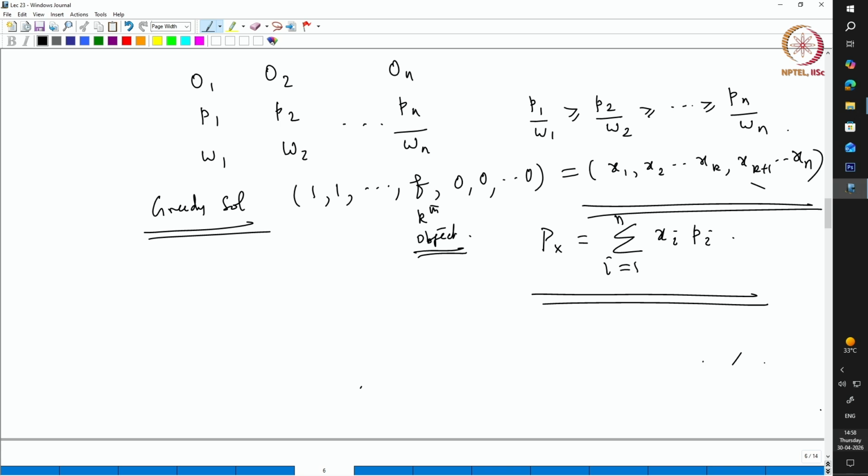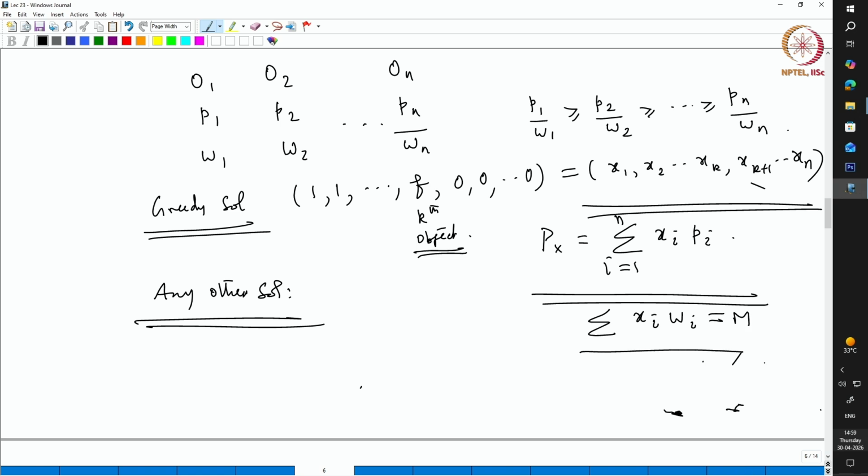Take any other solution, and you also have the following: sigma xi wi is equal to m.